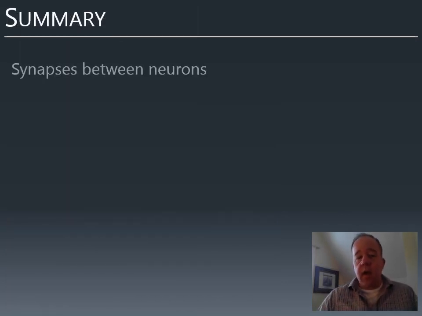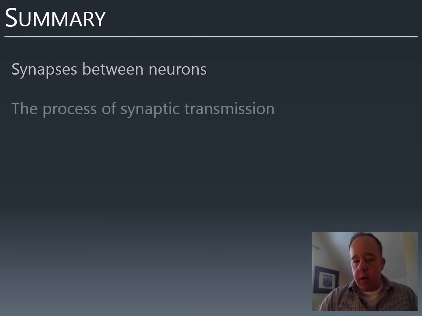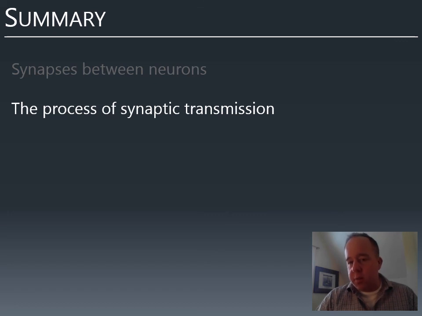Okay, so we've seen what synapses are structurally and functionally. We've seen that the synapse is the junction between two different neurons. And we've also learned about the process of synaptic transmission. We have an action potential that comes into the axon terminal as a result of the change in membrane potential, change in charge. Calcium flows into the axon terminal.